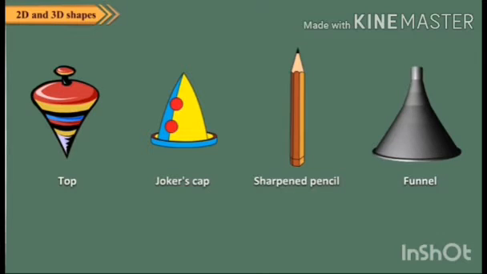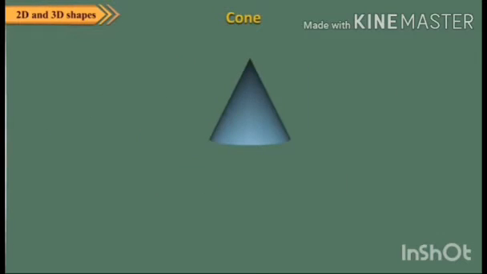Now see the top, joker's cap, sharpened pencil, funnel. Which type of shape are these? This is the cone shape. The cone is given here with one plane surface, one curved surface, and one vertex on the upper area, and a curved edge on the side of the flat face.